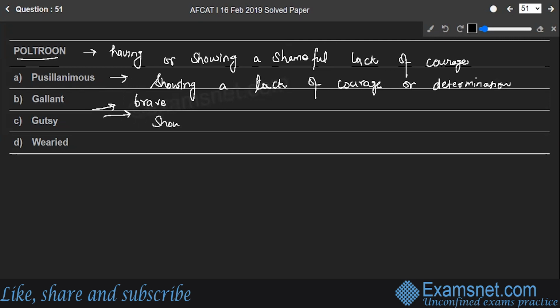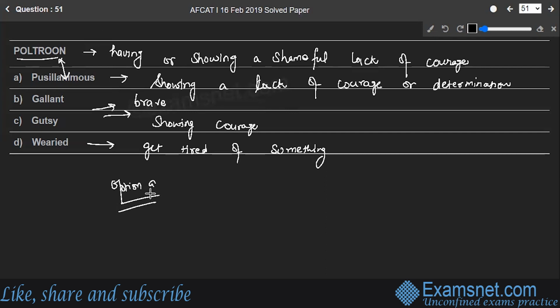Gutsy again means showing courage, and wearied means get tired of something. You have to look at the one which is showing the exact meaning. So these two words, they have exactly the same meaning. Therefore, option A stands to be our correct answer. Hope you're clear with this.